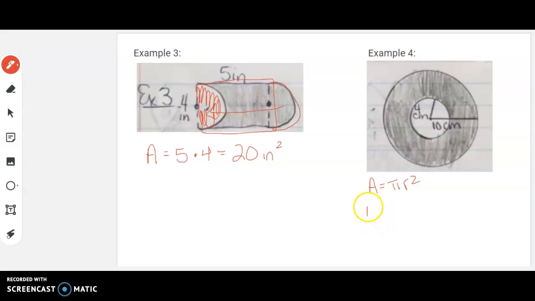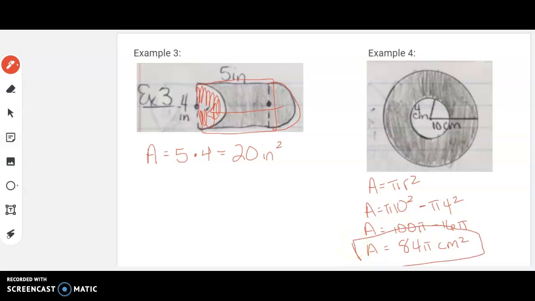So I'm going to take pi times 10 squared, and then I'm going to subtract the pi times 4 squared. So that's going to give me 100 pi minus 16 pi. And 100 minus 16 gives me 84 pi, and then I have my units, centimeters squared. So again, I'm going to leave it in terms of pi, and I get 84 pi centimeters squared.